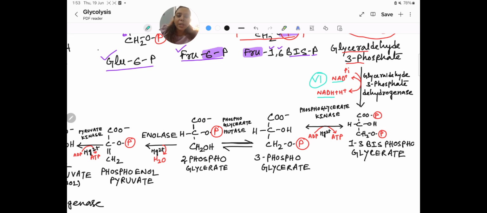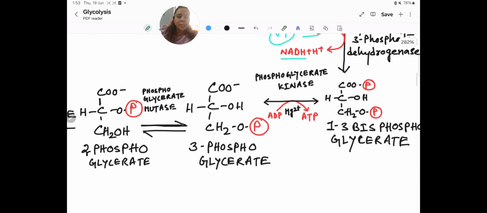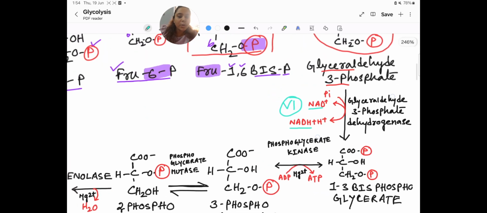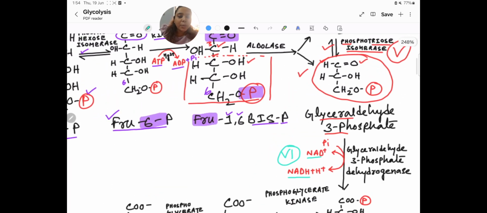Okay, so from glyceraldehyde 3-phosphate we change it simply here. Glyceraldehyde 3-phosphate looks like HC double bond O, HOH, CH2OP. So we will convert only this aldehyde group into a carboxylic group.